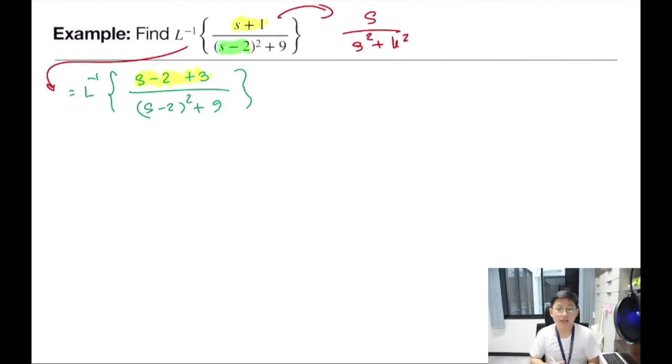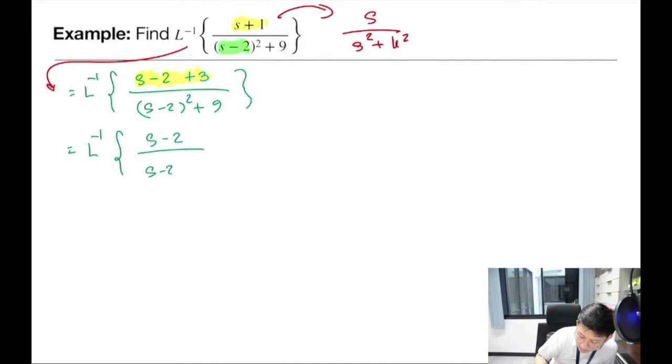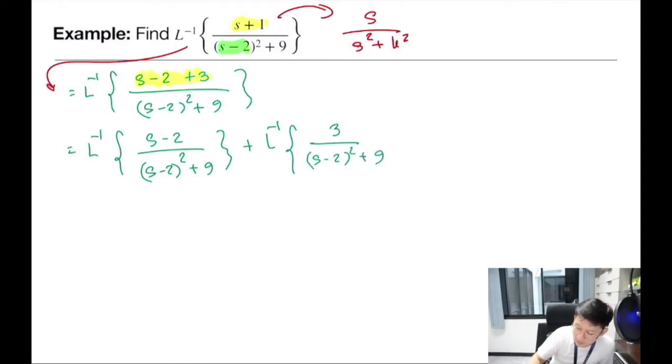Because the L inverse is a linear operator, what I have here is L inverse of s minus 2 divided by s minus 2 squared plus 9, plus L inverse of 3 divided by s minus 2 squared plus 9. Guys, 9 is actually 3 squared, isn't it?